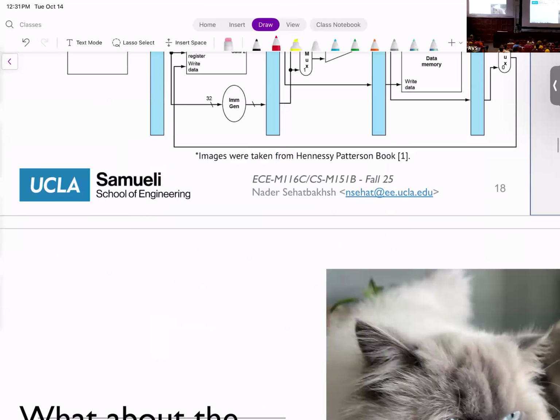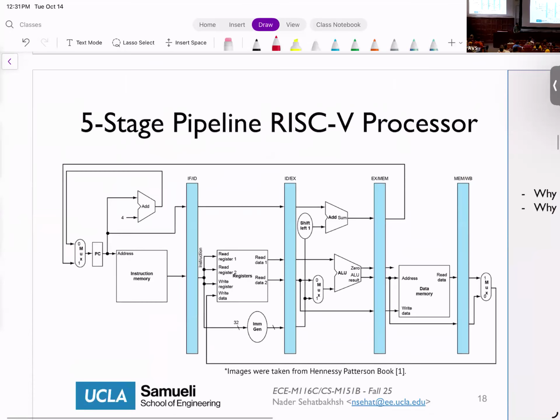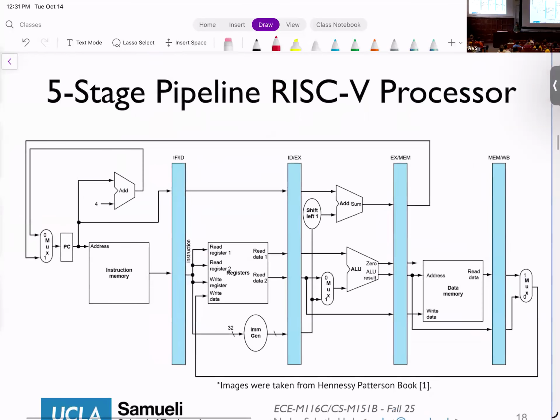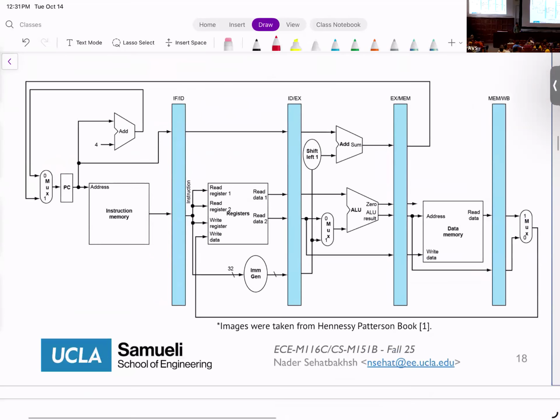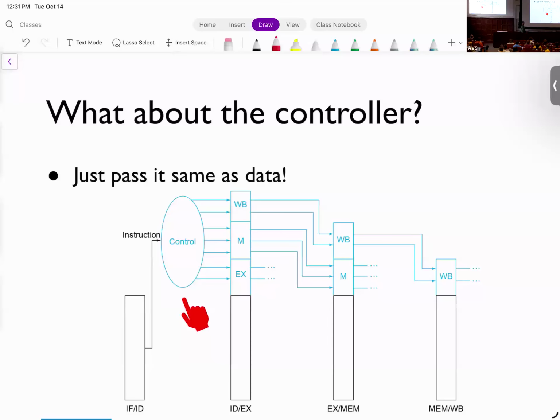Okay, all right, so now you might also wonder what happens to our controller, now that we're adding this stuff. For the controller, we basically need to pass the control signals along with the data. Remember I told you that I1, for example, is here, and in the next cycle I1 goes here, and then in the next cycle I1 goes here.